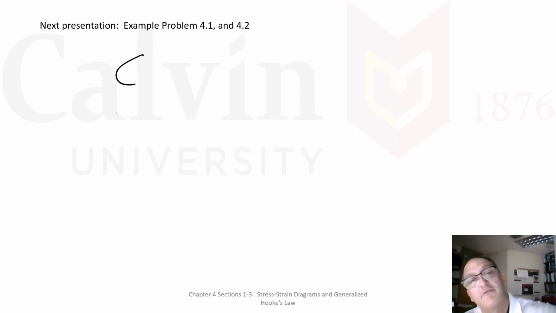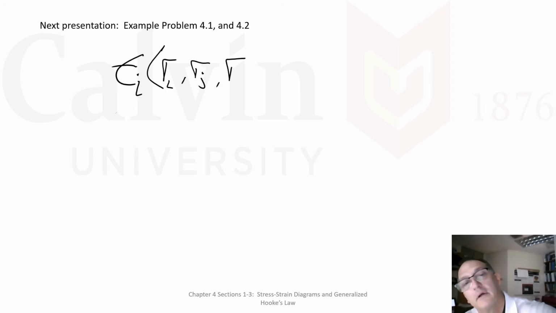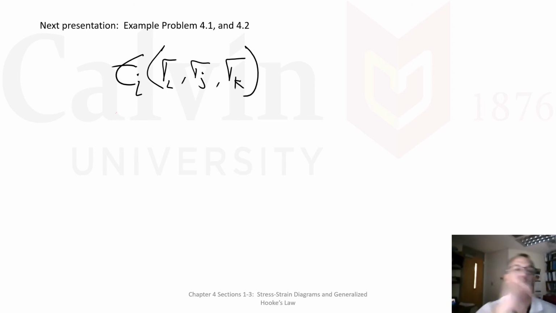We just solved for the strain in the ith direction as a function of the stress in the I, J, and K direction. You've got to get my notation there.